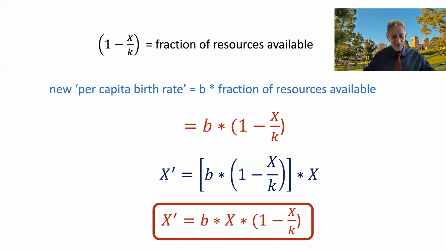This is the form of the logistic model you will frequently see. We will refer to this many times in the future in this class. B times x times 1 minus x over k is the equation for x prime, the change in x.